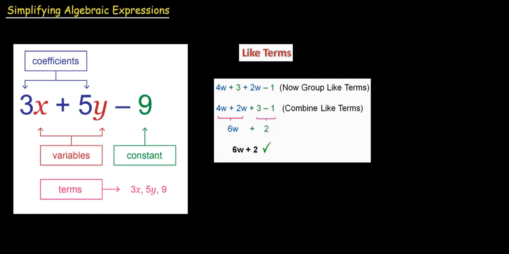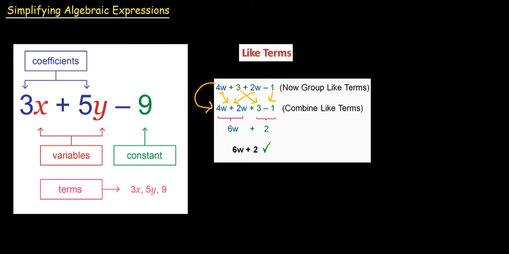And I want you to pause the video and see how we have combined or grouped the like terms. Hopefully you've done that now. So what we've done is that we've brought the w's together to go here, and we've brought the numbers together to go here. And we've said that 4w plus 2w is 6w, and 3 minus 1 is 2.